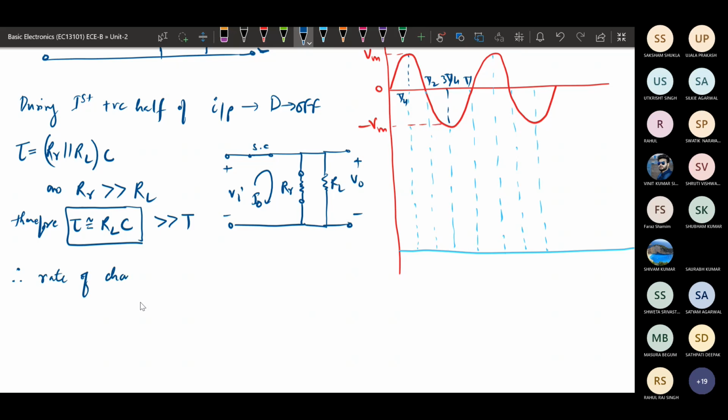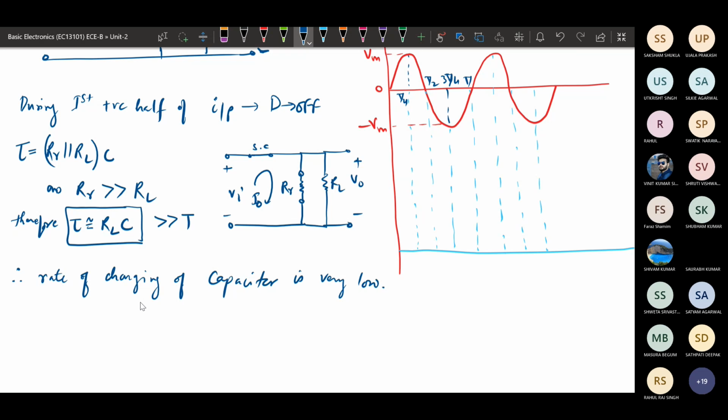The rate of charging of the capacitor is very low, as the time constant tau is very much larger than the time period T. Therefore the rate of charging of the capacitor will be low.